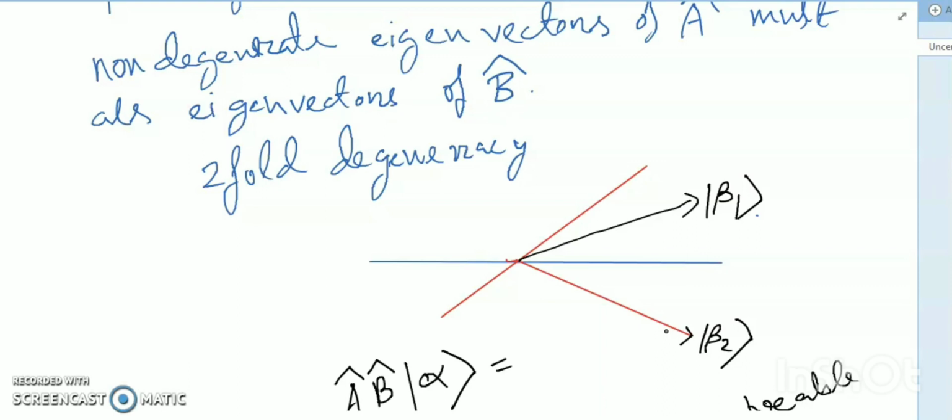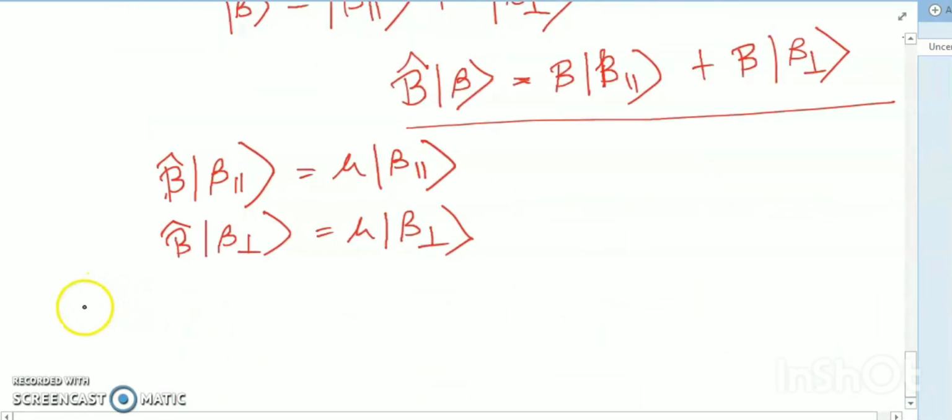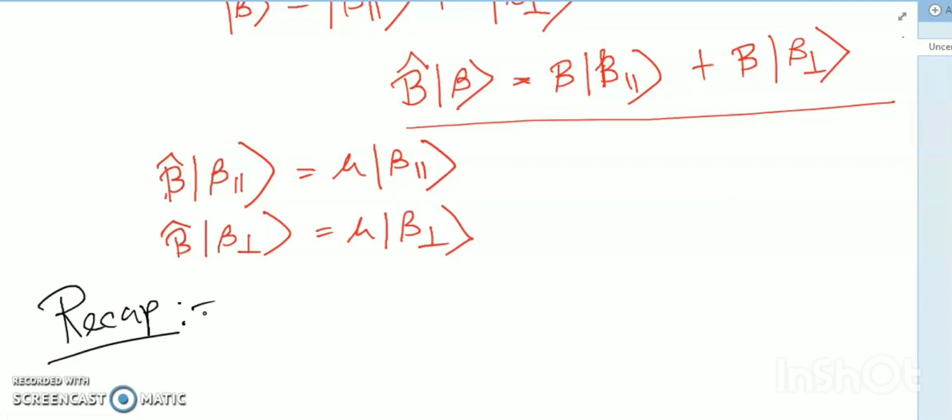Okay, recap. A has some degenerate eigenspace, and we proved that vectors in the eigenspace stay inside when acted upon by B, and vectors orthogonal to the eigenspace stay orthogonal.